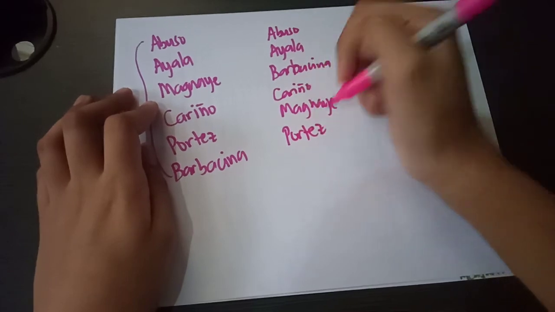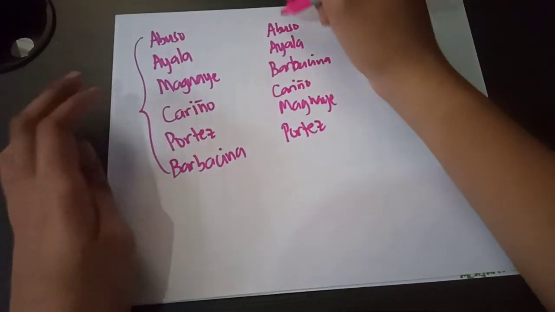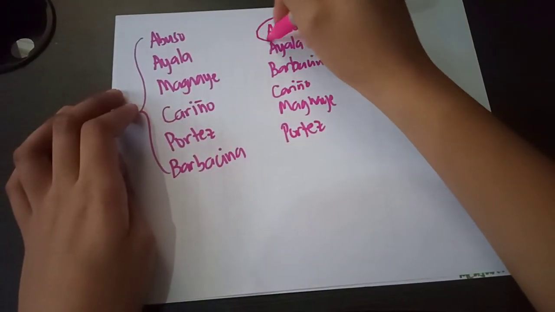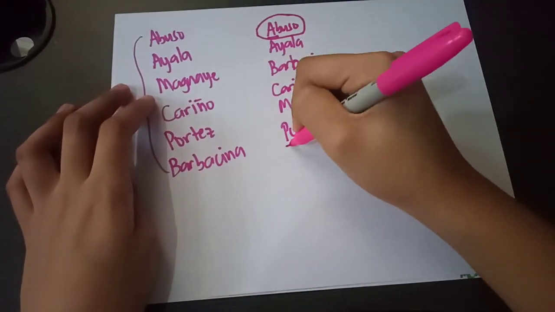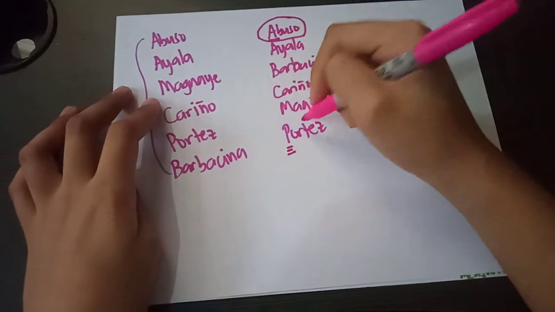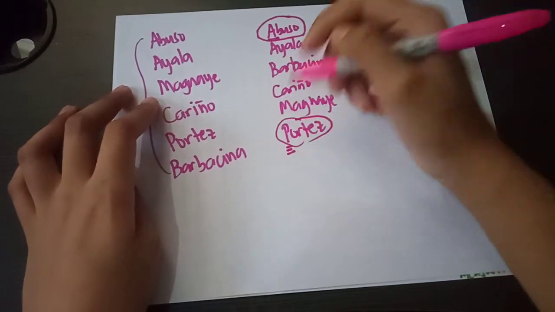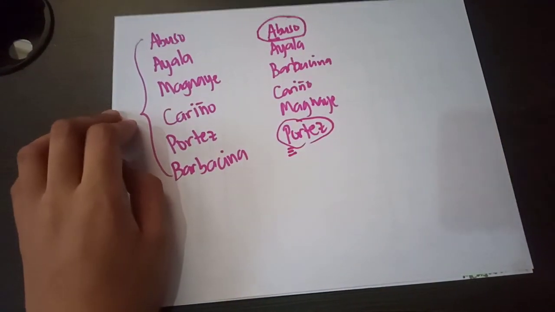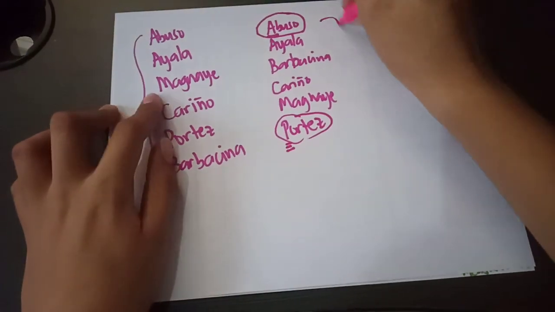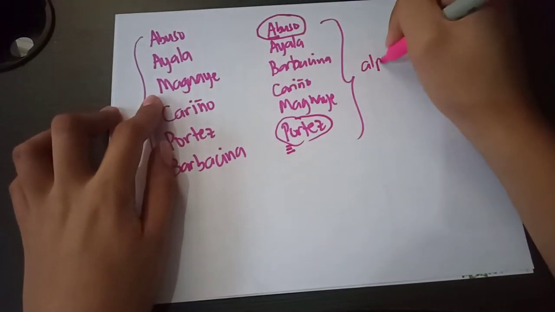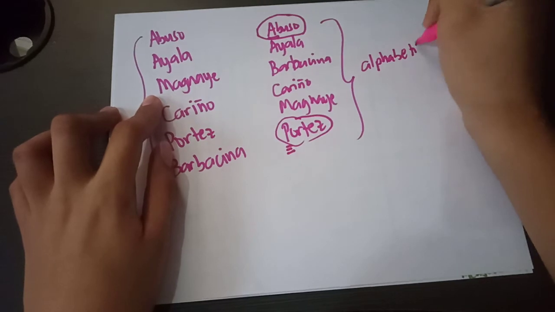Now, notice that this system of names started with the letter A and ended with a name starting with the letter P. So, can we say that it has an arrangement? Of course, there is. It is already arranged in an alphabetical order.